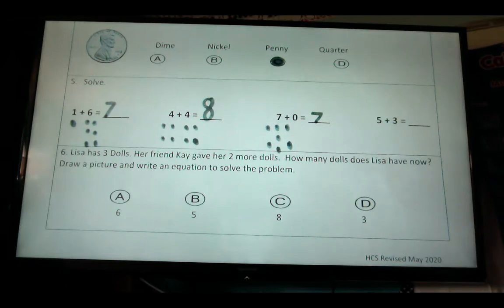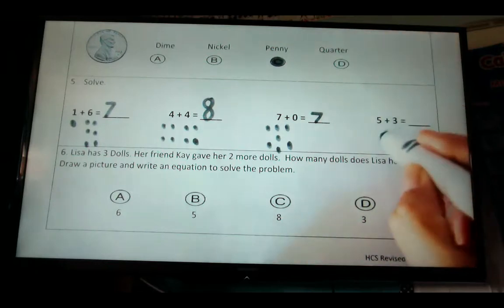Let's look at the fourth and last equation for this problem. Read the equation with me. 5 plus 3 equals blank. Friends, what should we do first? That's right. We could draw 5 dots.